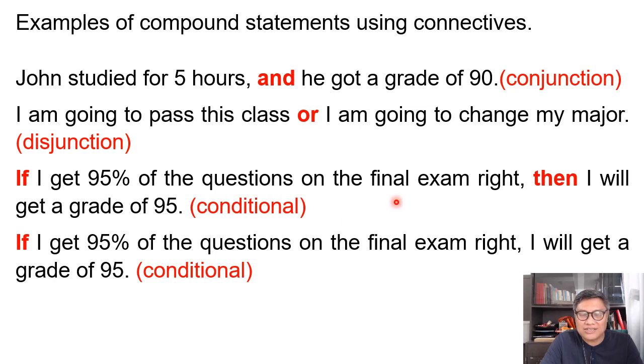Now, sometimes, class, it is shortened, removing the word then, but the word if is retained. So we can also use this one. If I get 95% of the questions on the final exams right, I will get a grade of 95. So this is the same as the first one, only we usually remove the word then.